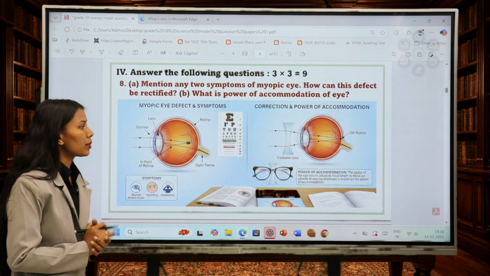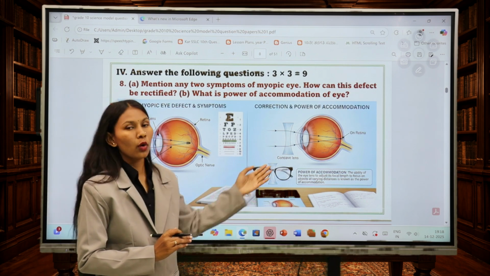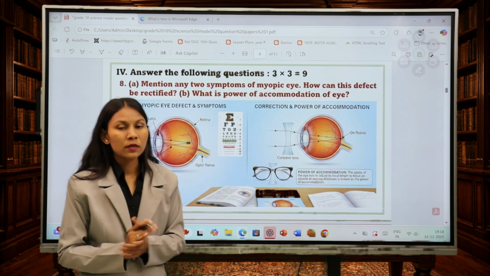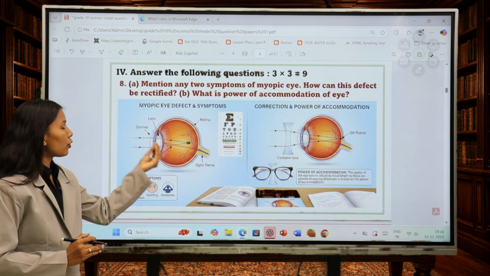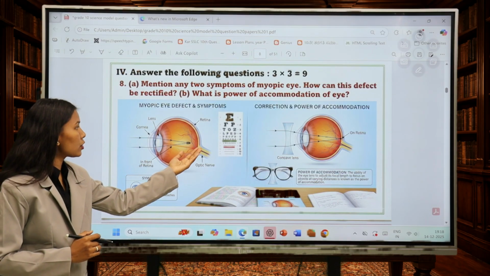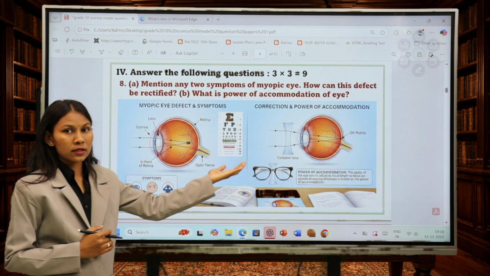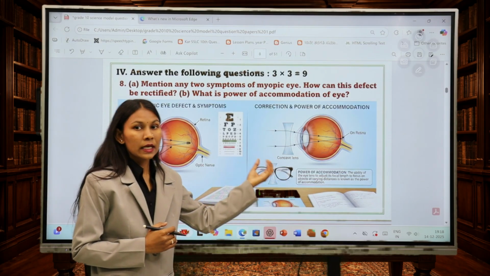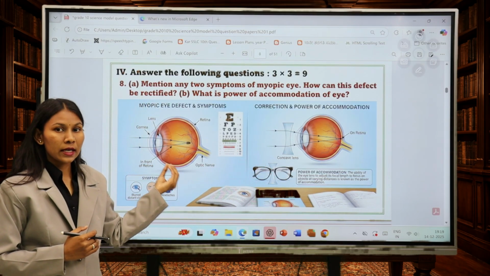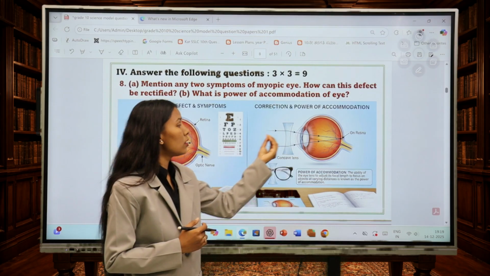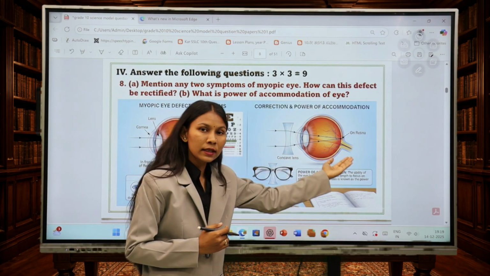This defect can be corrected with the help of a concave lens, because for the myopic eye the image is formed before the retina. So we need a diverging lens, that is a concave lens. It diverges the light rays entering, and again it makes the image fall on the retina.